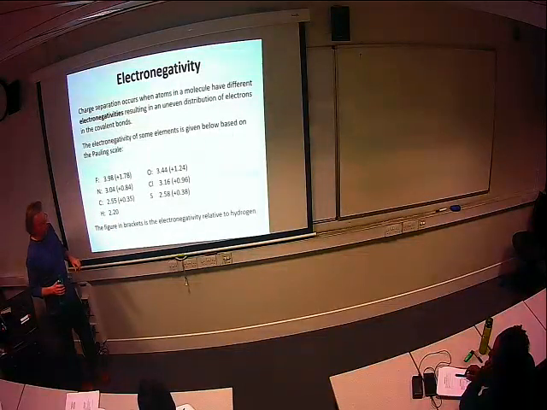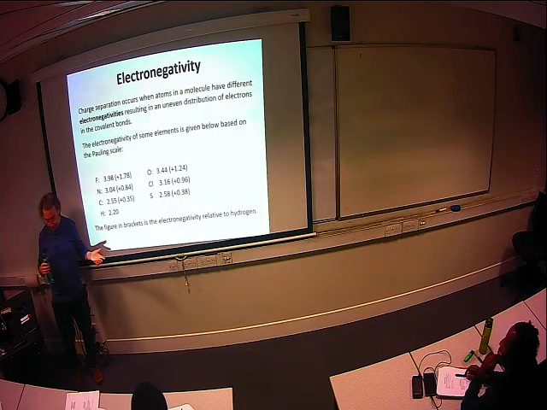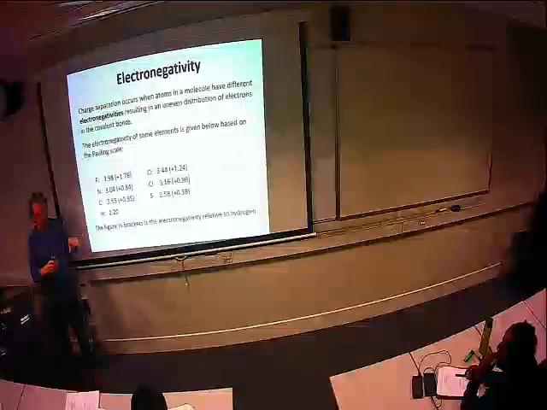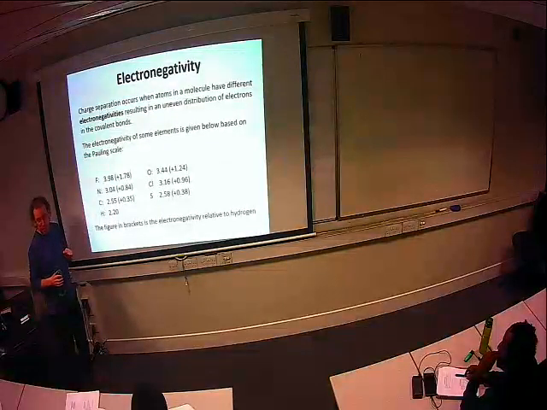Carbon, because we're talking about organic and biological molecules, they've got lots of carbon atoms in them. So that's usually what we're thinking about, what's attached to the carbon atoms. That's relatively low, and hydrogen is lower still.